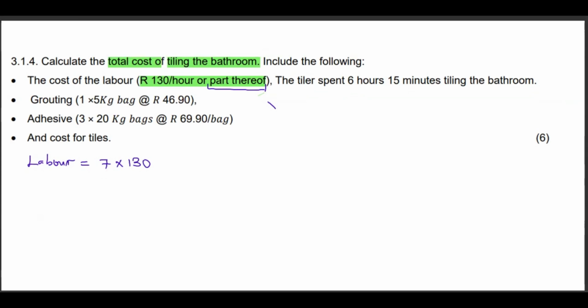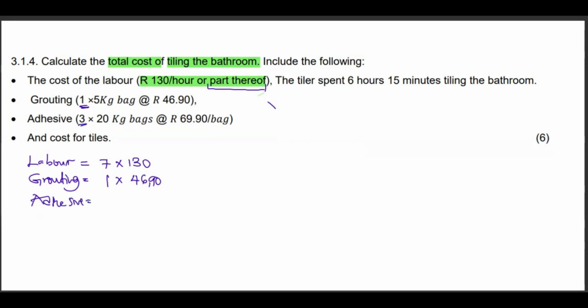Then we go to grout, which is going to be 1 times. What do I get the 1 from? It's here. It's going to buy 1 bag, a 5 kg bag, that costs that much. Then we go to adhesive.